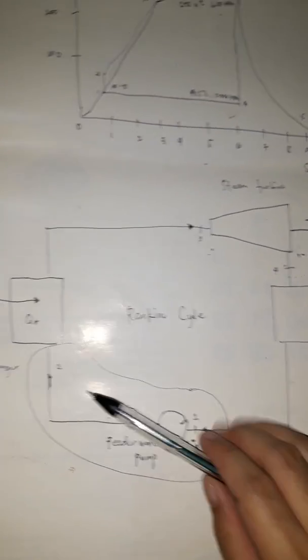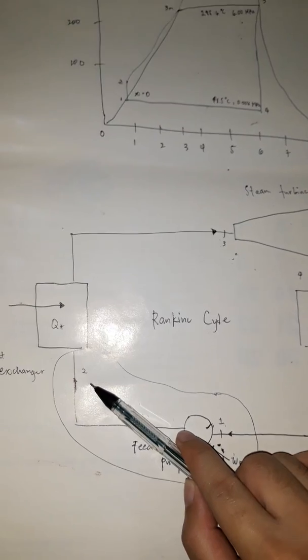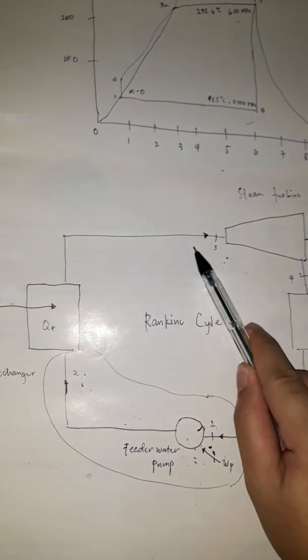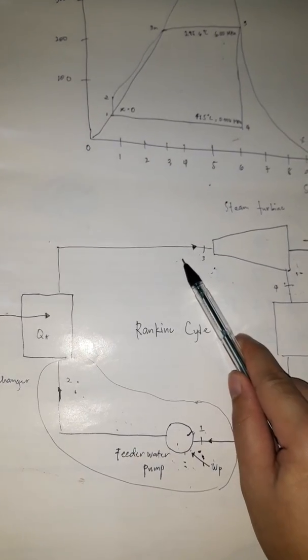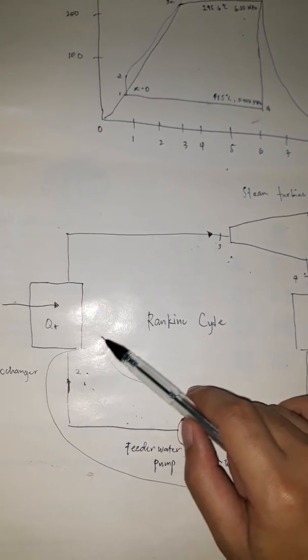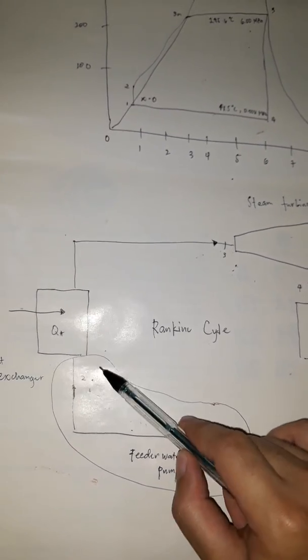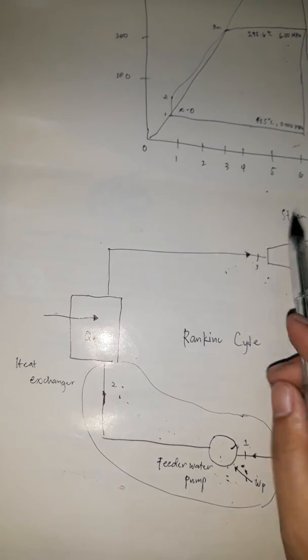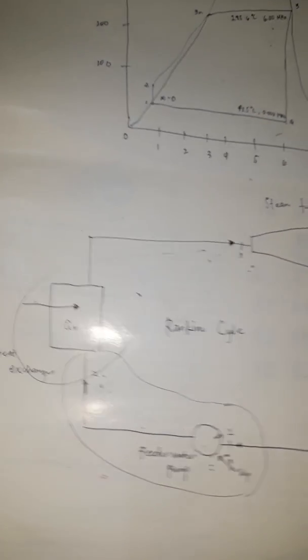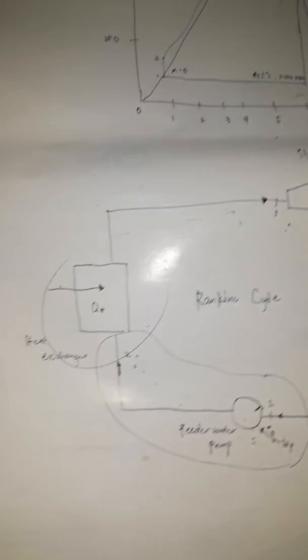The enthalpy difference between these two states 2 to 3 corresponds to the net heat added in the steam generator.